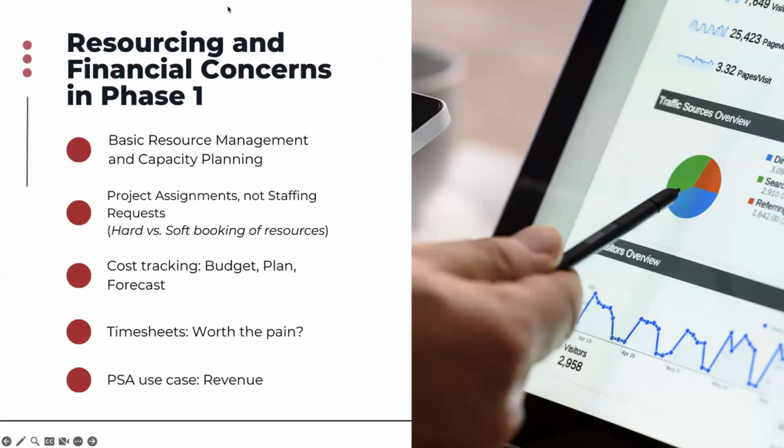As we move into phase one, it is important that we address the resourcing and financial concerns to ensure its success. Let us discuss some key points that we need to keep in mind, such as resource management, cost tracking, and the role of timesheets on monitoring progress. The first one is basic resource management and capacity planning, Drew.